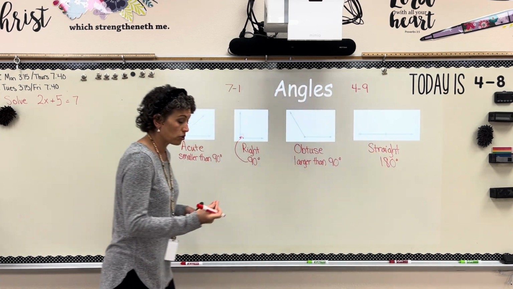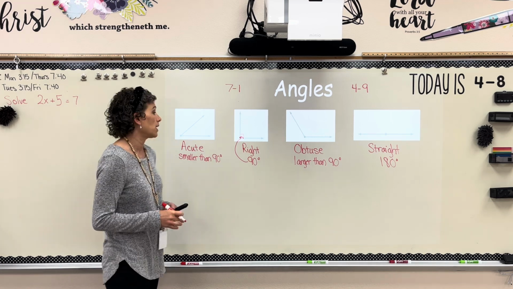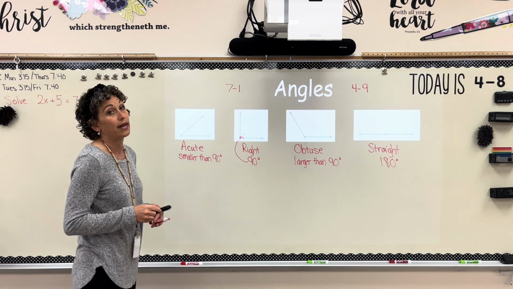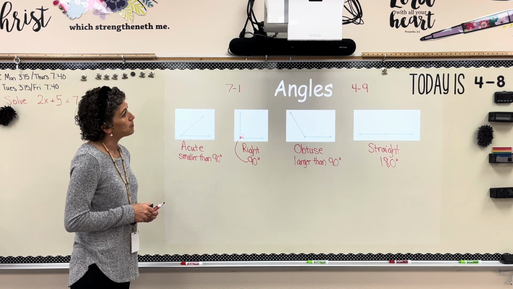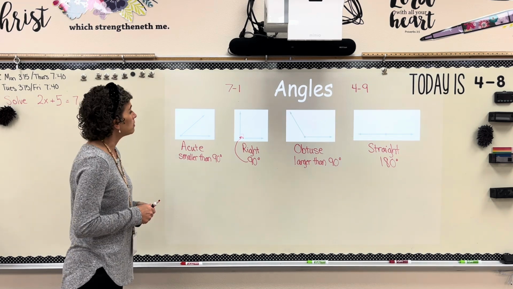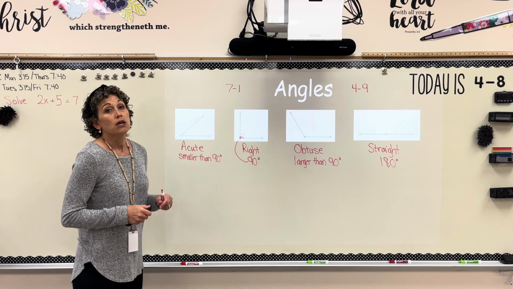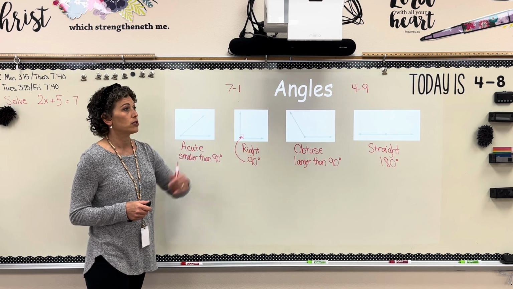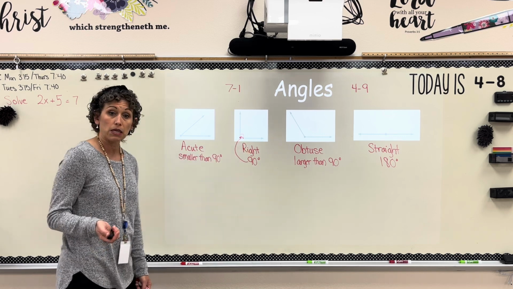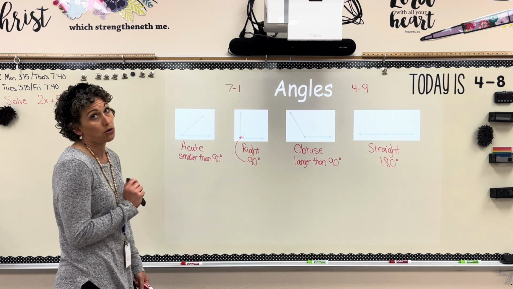So a straight angle just tells us that it is 180 degrees. We will be using that from this point on. Okay, so make sure you've written down these angles and that you're familiar with them. For topic 7, the math is not hard, but you do need to know all these words, so you might want to start some index cards so that you can keep all the vocab straight.